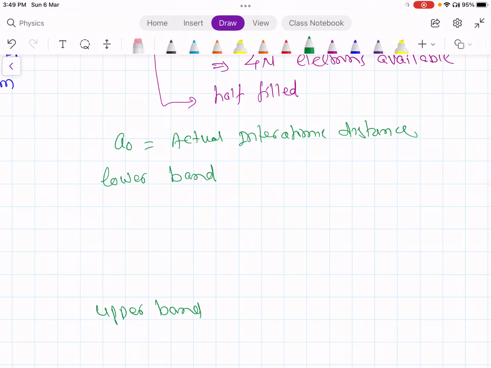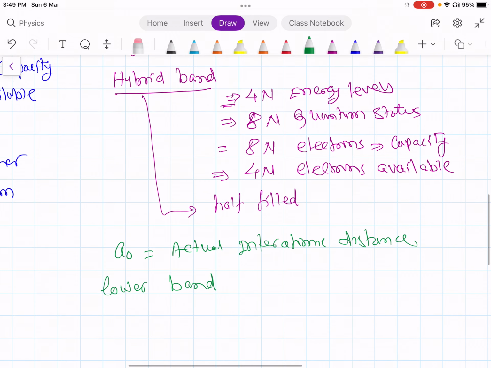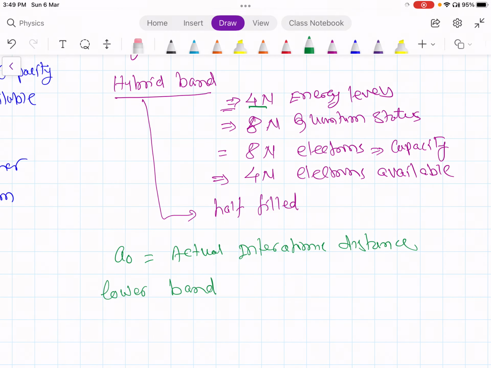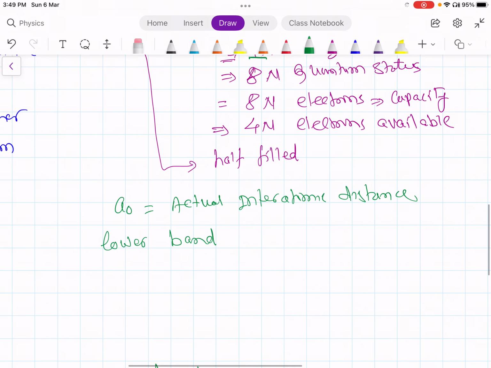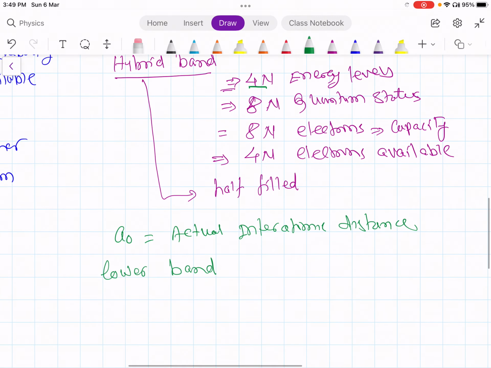In the hybrid band, as I said, there are a total of 4n energy levels, and it splits into two equal bands.